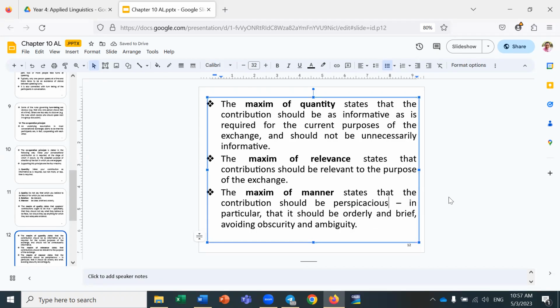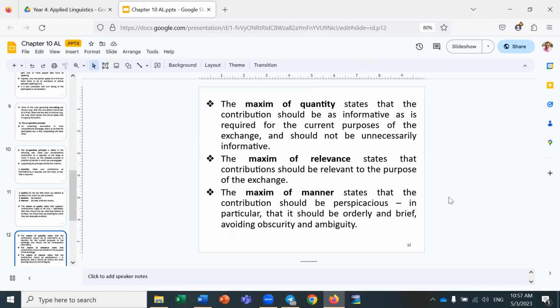Something which can help readers or listeners quickly understand the meaning, and you should avoid obscurity. Obscurity is when the information presented in your speech is difficult to understand. And the last one, you should also avoid ambiguity in your speech as well.